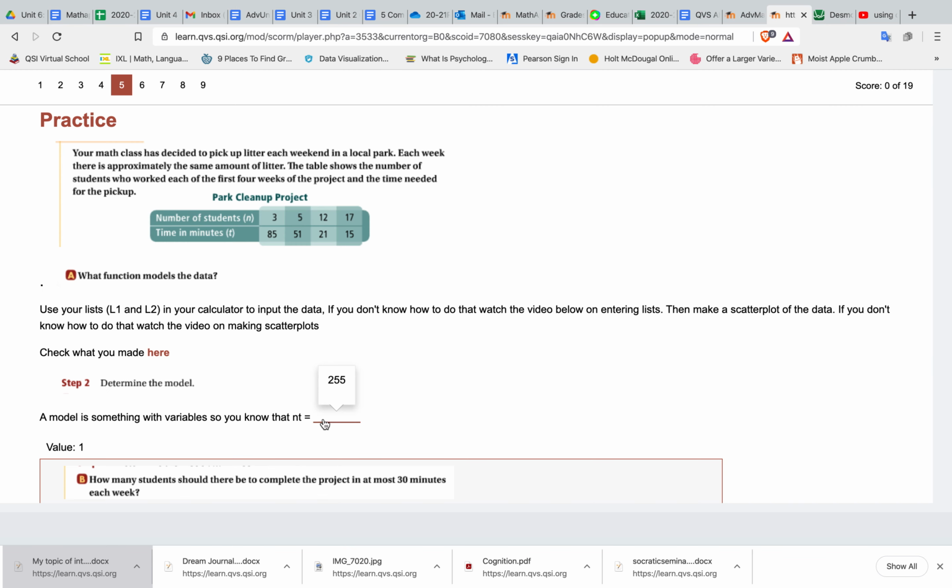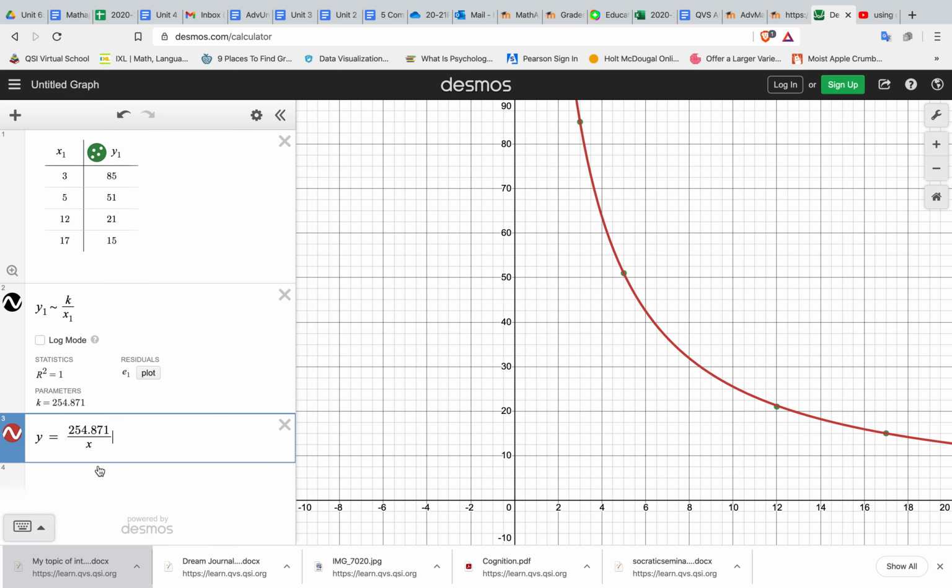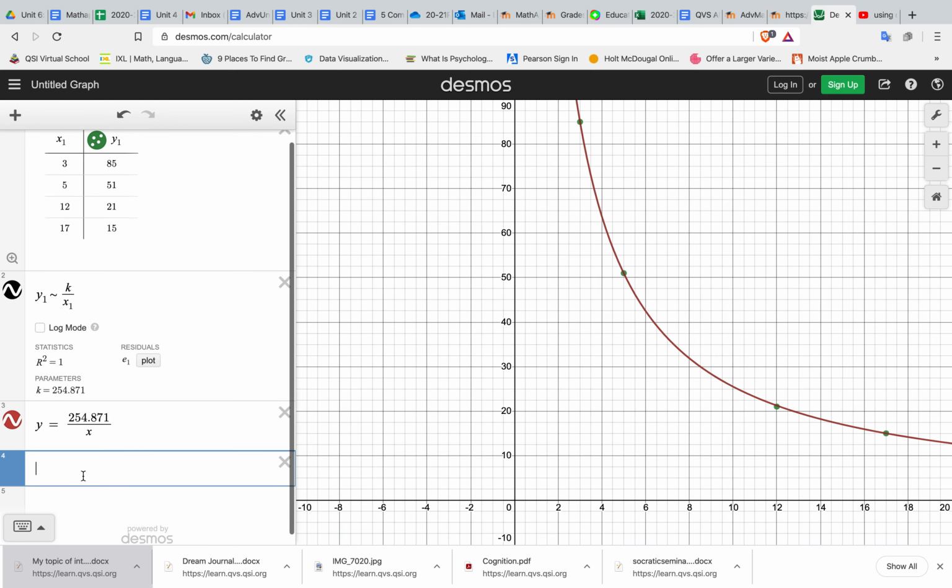Now we have a model that says, and this is just, see, they were using n and t instead of x and y, so it makes it a little bit confusing. But if we go back over here to Desmos, if we say x times y equals 255, we get the same thing. They were using n and t. I can't make Desmos use n and t.